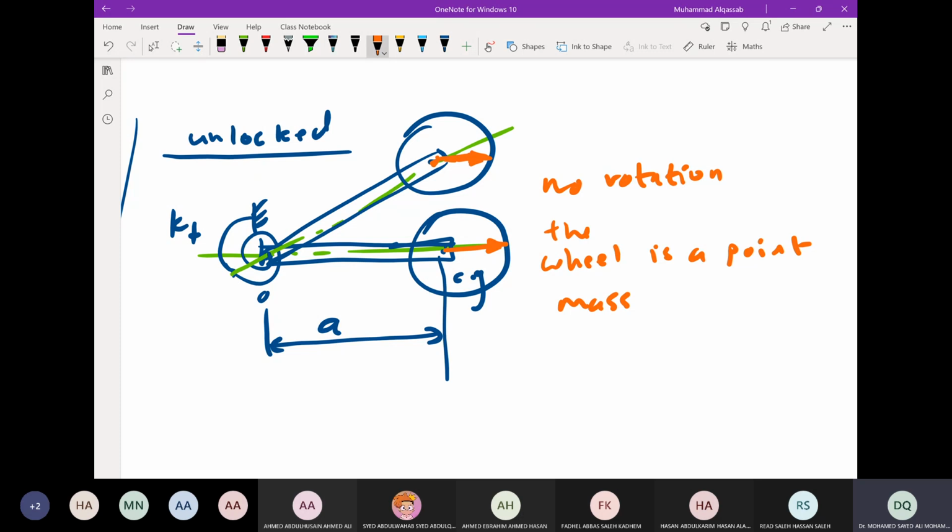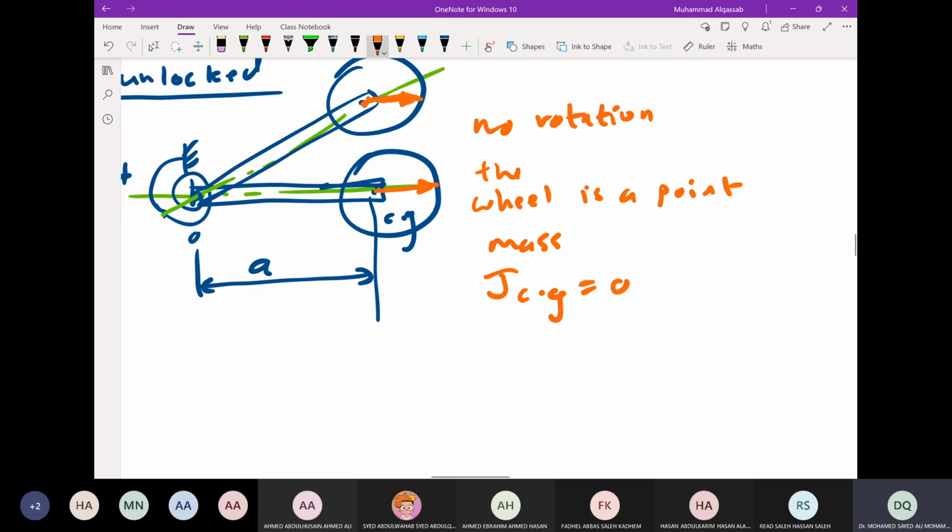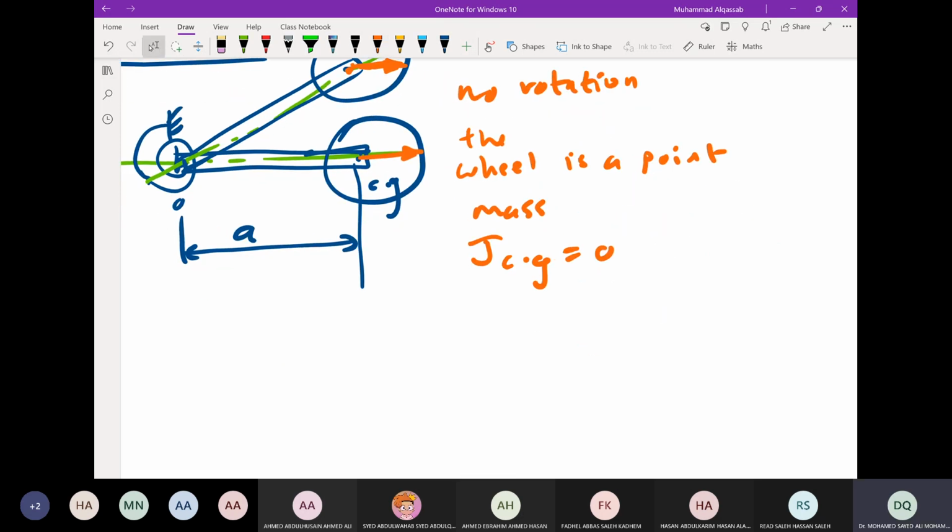And in this case, JCG for the wheel is equal to 0, because this is the moment of inertia of rotation, and it is not rotating about the center of gravity. So no rotation means JCG equals 0. And then JO, using the parallel axis theorem, is JCG plus M times A squared.